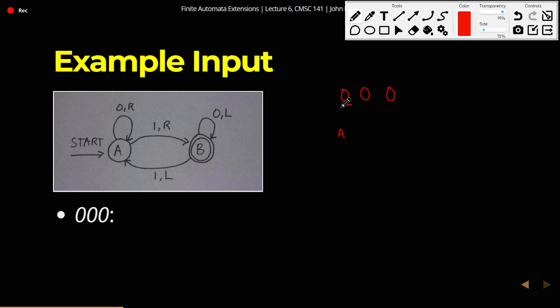So A on 0 will remain in A and will go right. So we're now done with this. We'll go to the right. So we're currently in the second 0, but we're still in A. And A on 0 will still stay in A and go to the right. So it will go to the third 0 here. And then A on 0 still stays in A and goes to the right. So when we go to the right, we have finished processing the string because there are no more input symbols left. So we have finished processing it, but did we arrive at the final state? We're still in state A, which is a non-accepting state.